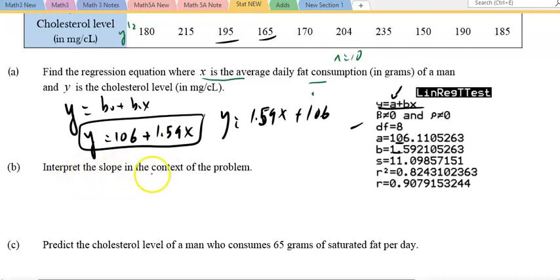So here, interpret the slope in the context of the problem. Well, the slope is over 1.